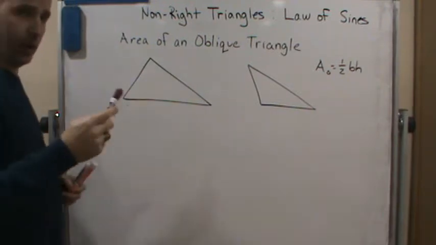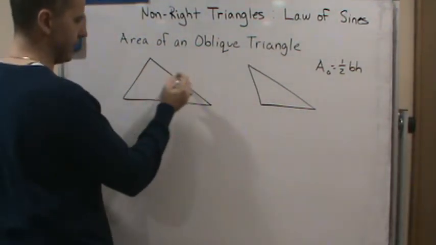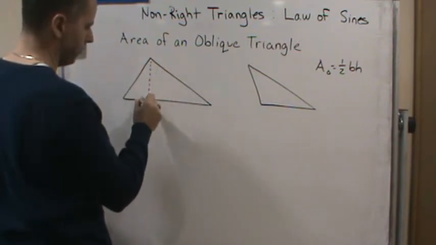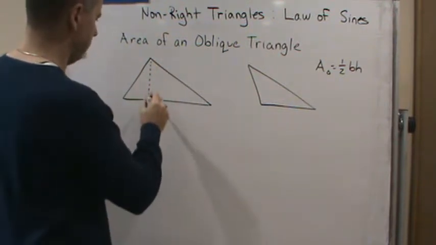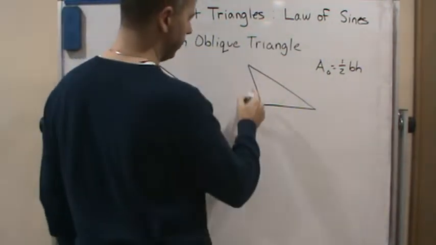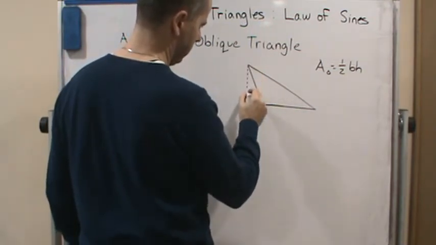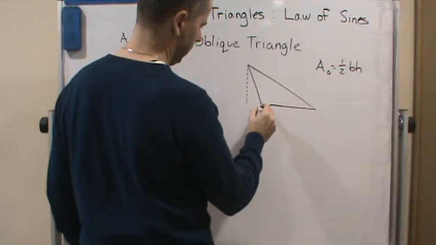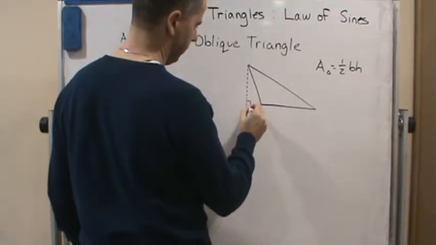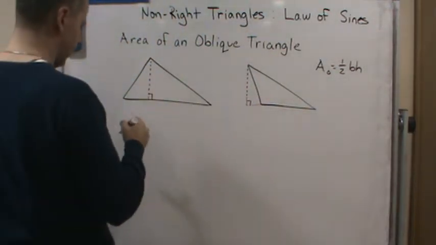And remember, I'm just going to get to that in a minute. So let's draw the altitude for each one of these examples. So here I have this triangle. So I draw the altitude like so. And then here, the altitude is going to be from here down here. And I'm going to extend the base. Okay. Now let's put this together.